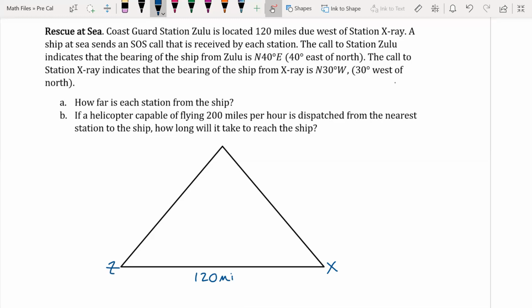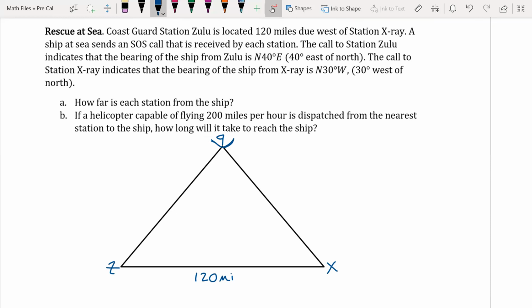Okay. And then we see that a ship at sea, here's my ship. There's our ship. Sends out an SOS, and the call to Station Zulu indicates that the bearing of the ship is 40 degrees east of north.